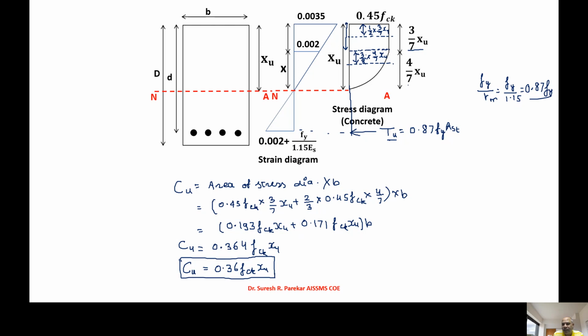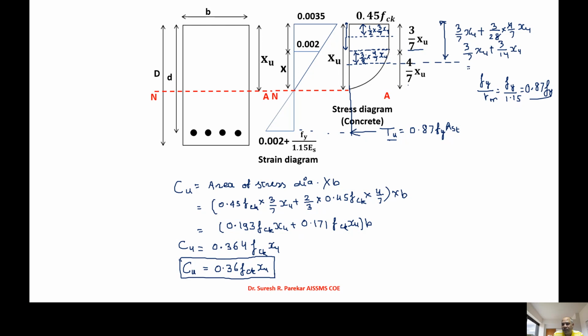So the distance from the top is 3/7 of xu plus 3/8 into 4/7 of xu. Then this will be 2 into 3/7 of xu plus 3 divided by 14 of xu.